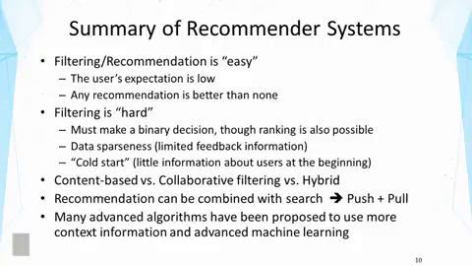Another reason why it's hard is because of data sparseness. If you think of this as a learning problem in collaborative filtering, for example, it's purely based on learning from the past ratings. So if you don't have many ratings, there's really not that much you can do, right? And I just mentioned this cold start problem. This is actually a very serious problem.